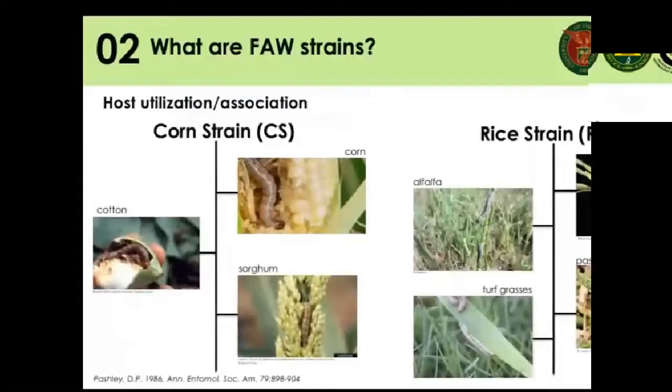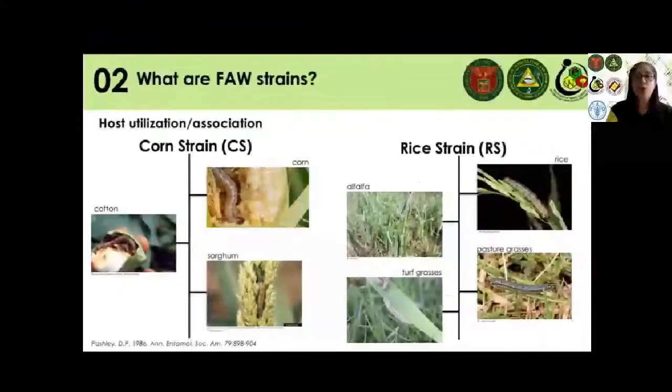So in the previous slides, the FAW strains were identified through COI nucleotide sequence. So what are these FAW strains? It was actually Dorothy Pashley who subdivided FAW into two strains on the basis of genetic differentiation associated with larval host plants.